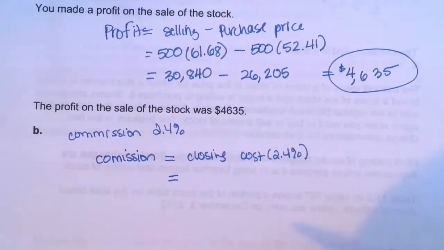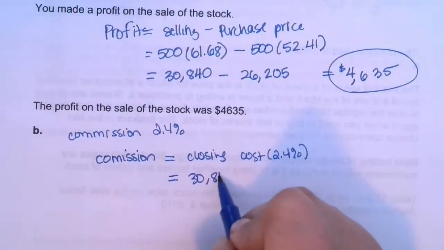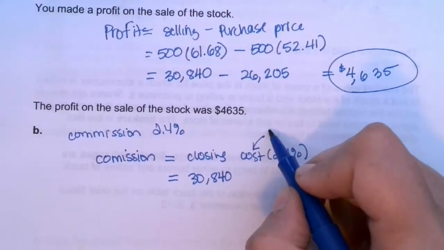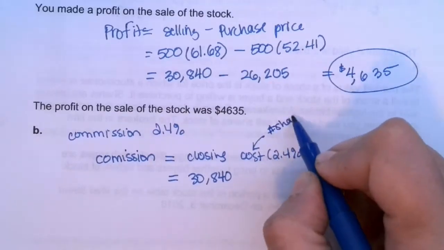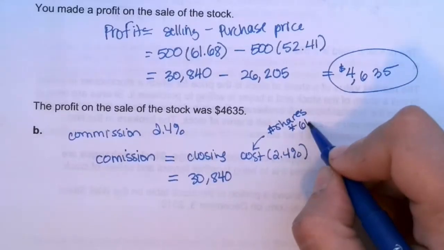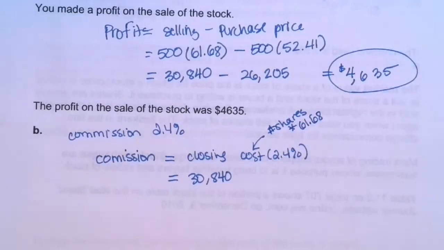So we already determined that the closing cost was $30,840 from above, because remember, closing cost was the number of shares times our 61.68, that actual closing cost.